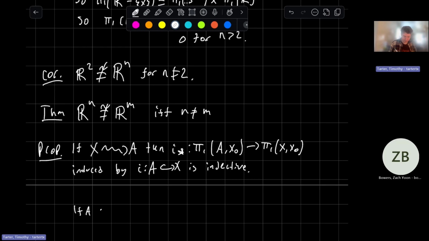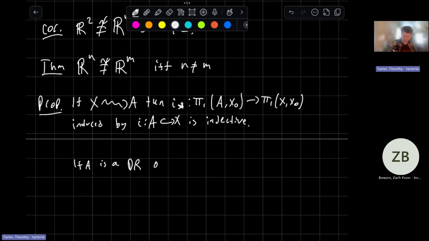Then if A is a deformation retract of X, then i star is an isomorphism, but really that shows surjectivity.